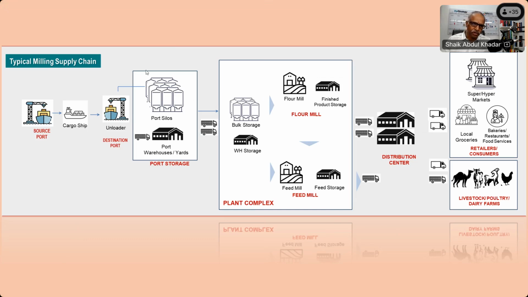Then in upstream, you have complete material storage in the port, including the silos and warehouses. Those who understand the food supply chain understand it very well. Then you have all the way to the source. So this is the Middle East supply chain for the milling industry. Then you have distribution, and then the final consumers.